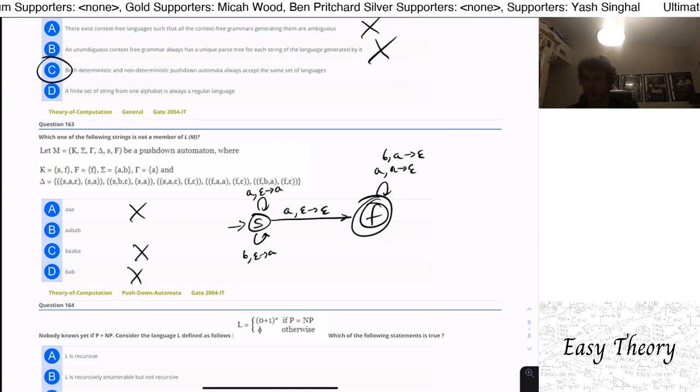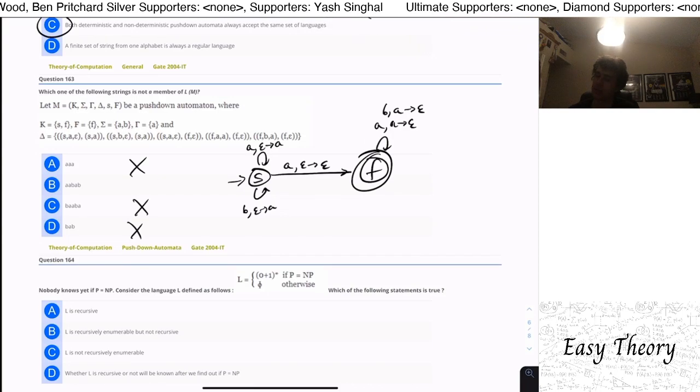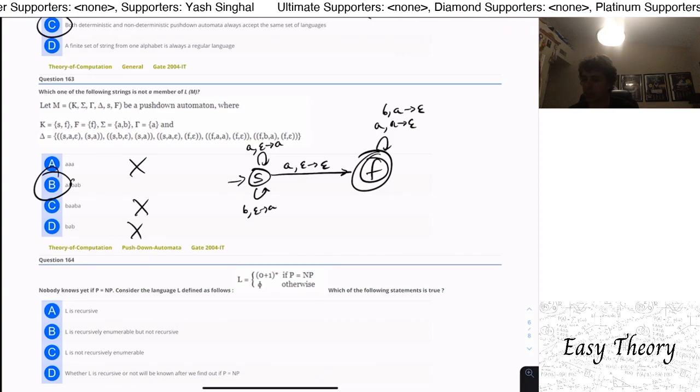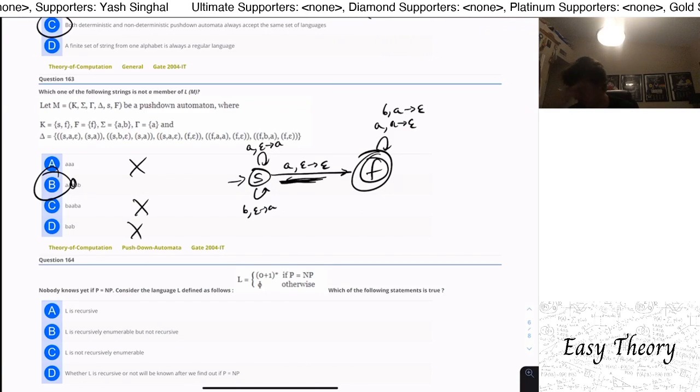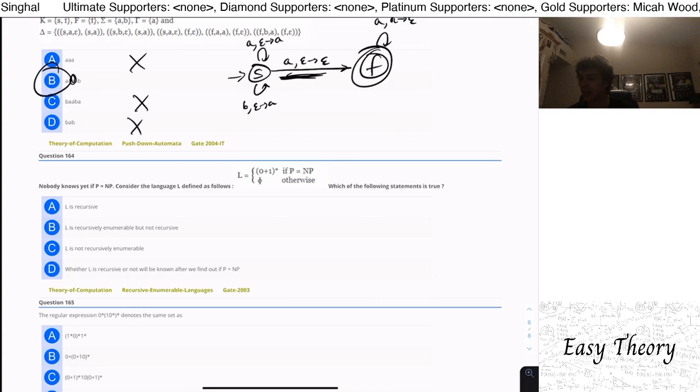Which is not. Oh, maybe the condition is you have to accept by empty stack. At which point, yeah, B would not be the answer because the middle character would have to be the one in the middle. Okay, maybe there's some notion of accepting by empty stack that they picked here.